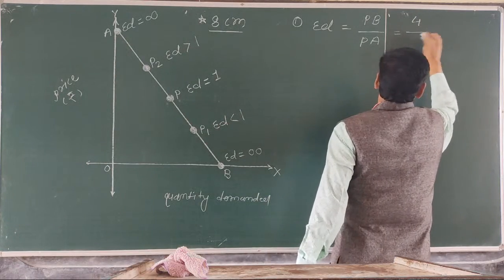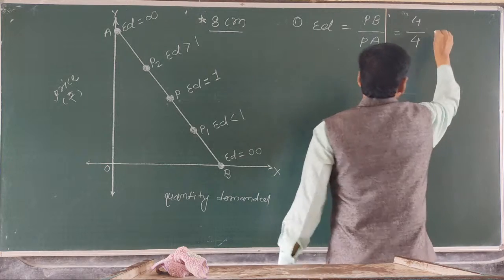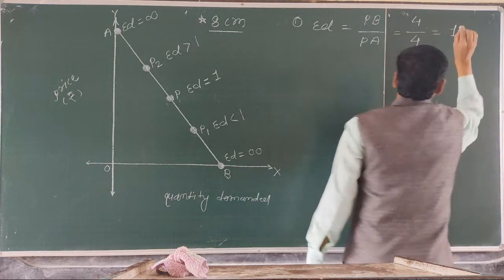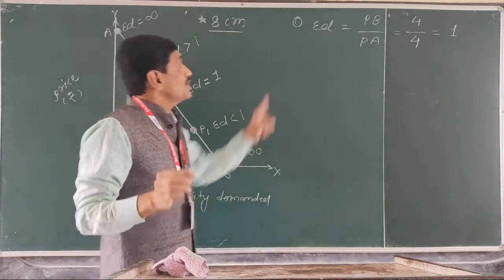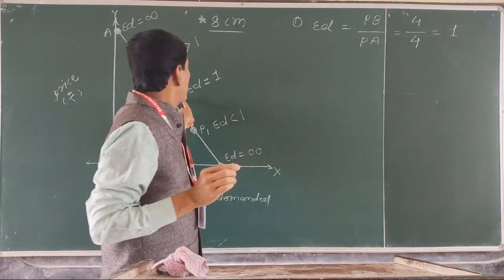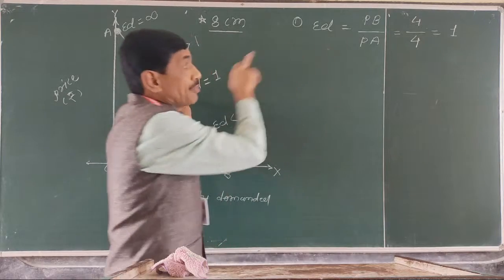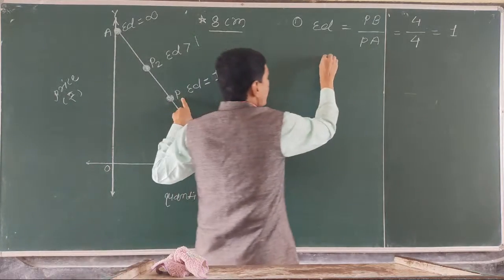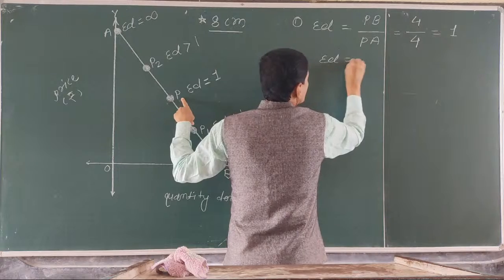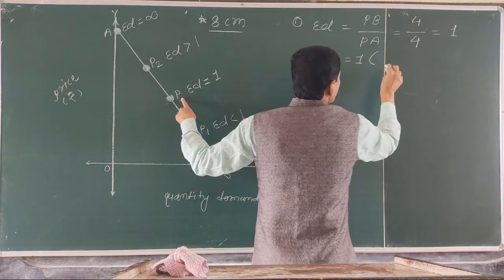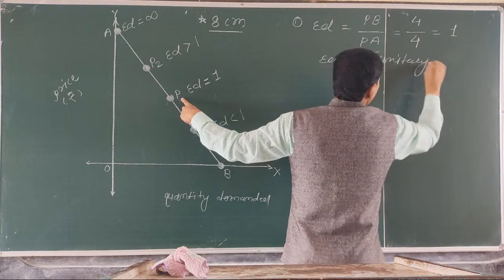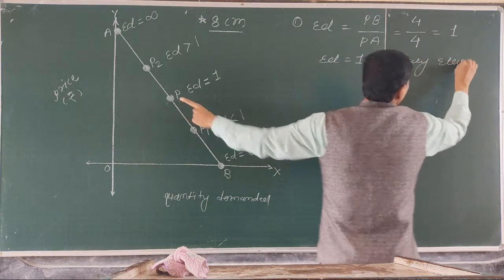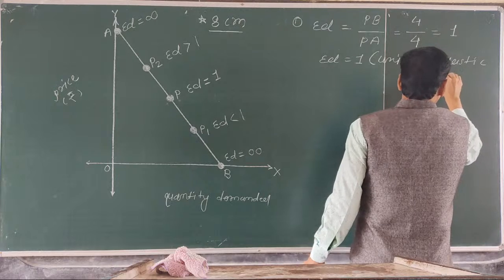So 4 upon 4 is equal to 1. At point P, the elasticity of demand is 1, and it is called the unitary elastic demand.